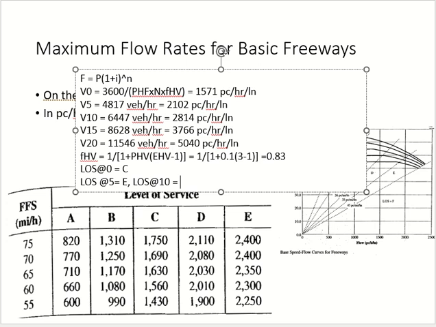I've crossed this one as well. So now my level of service is F. And the remaining years only increase. It doesn't decrease. So it will remain the same for the rest of the years. Clear? Any problem?